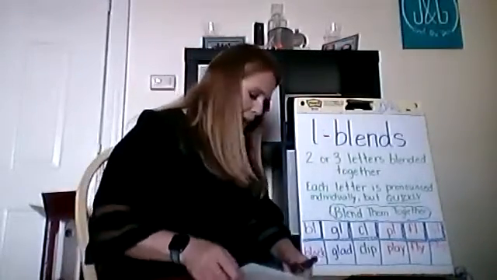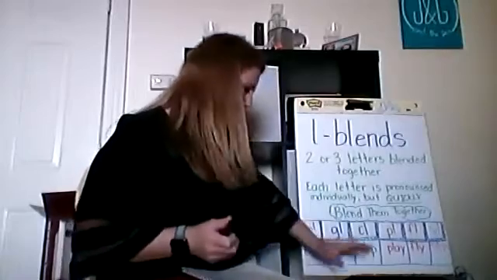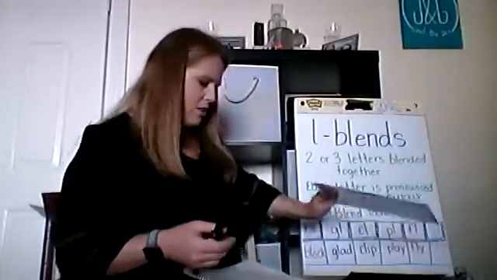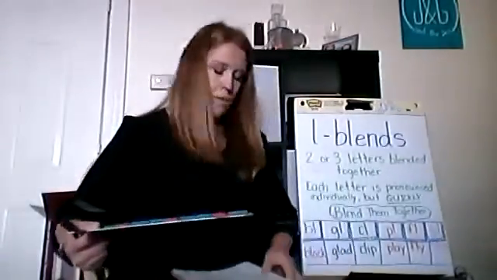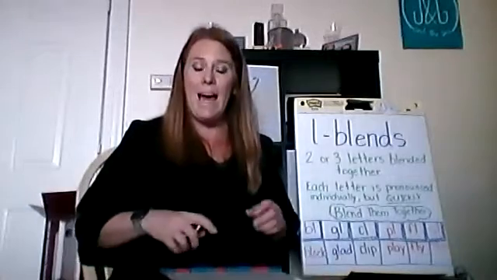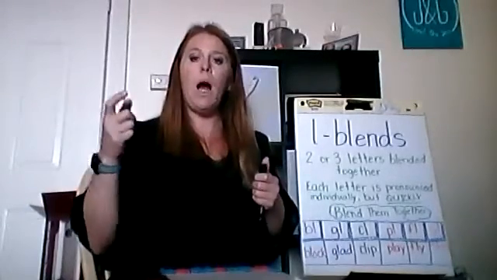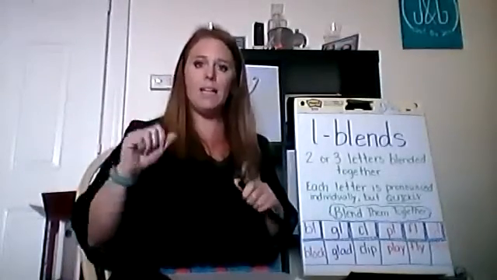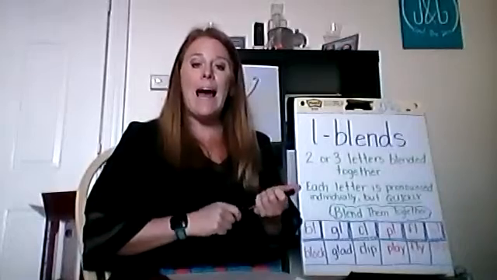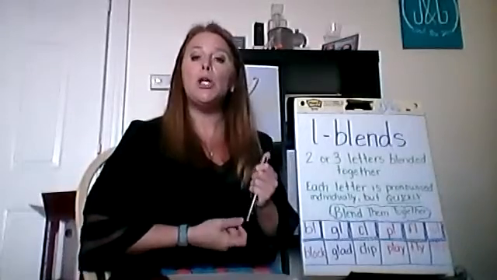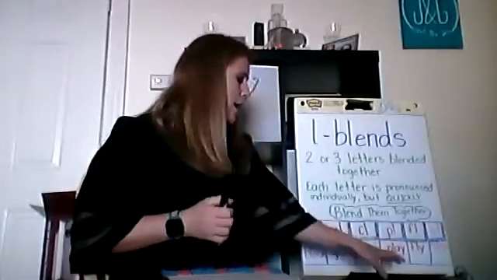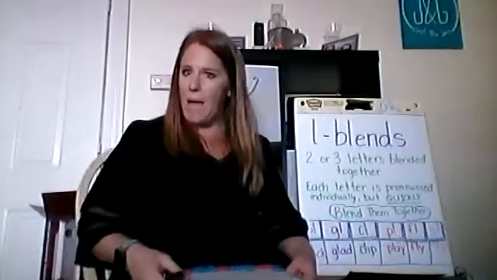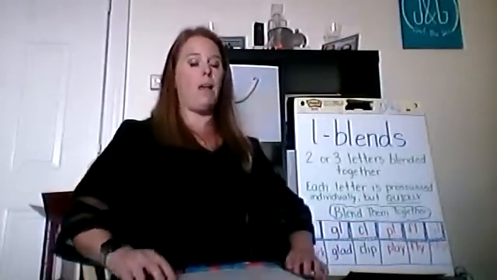All right, so I have some words that we're going to be making today. Before we start that, let's say some other words. We have like the word black. We hear that b, bl, black, glad, or blue. Those are all L blends. And so we're going to be making L blends today, BL and GL.